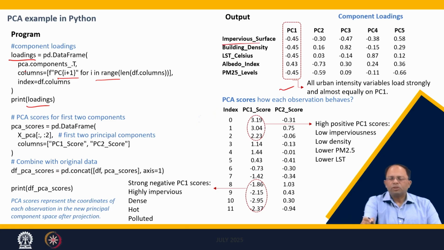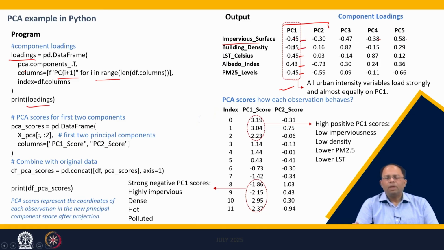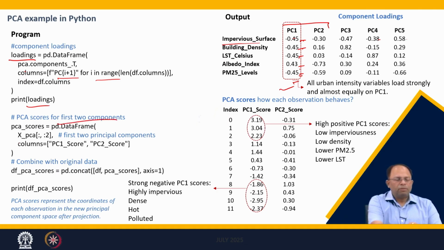You can see PC1, PC2, PC3, PC4, PC5. Out of that we have decided to go with only PC1 and PC2. For every feature, this is the component loading. Once the component loadings come from PC1, PC2 and so on, we can compute the factor scores. We take the scores for the first two components, done over here with x_PCA[:, :2].